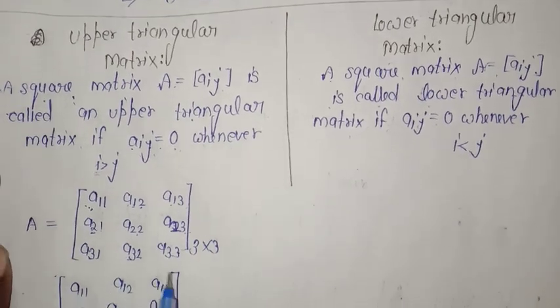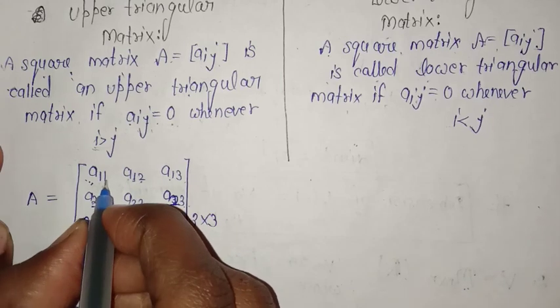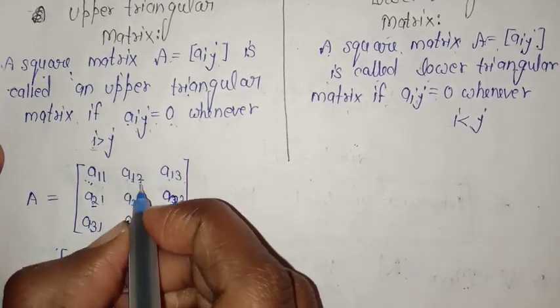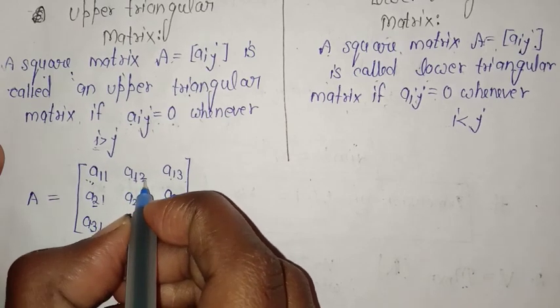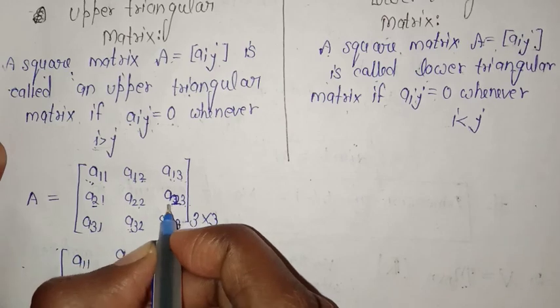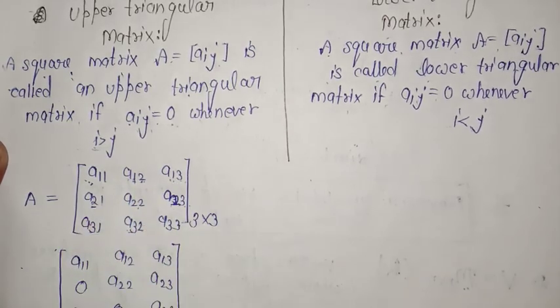In the same matrix, all the cases where i is less than j must be 0. Here i is less than j, in this case also, and here also. So these 3 terms lying above the leading diagonal must be 0.